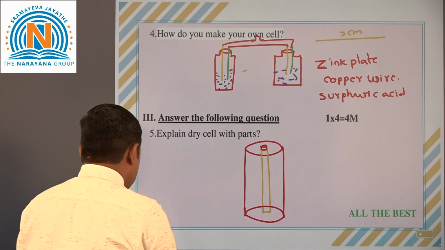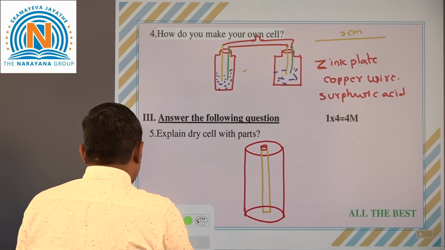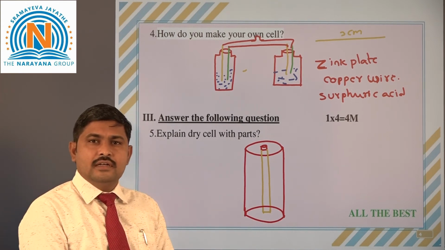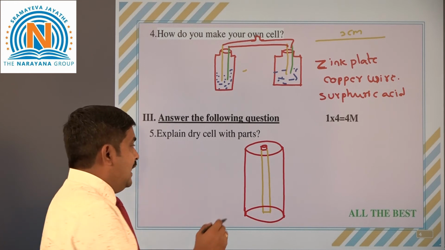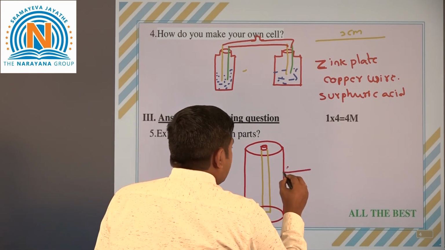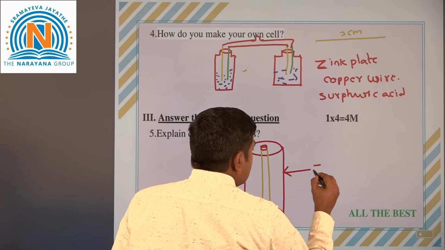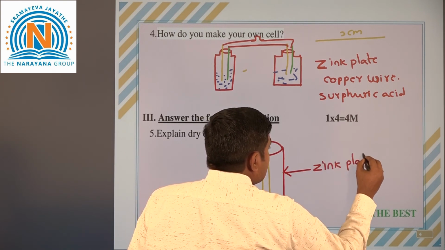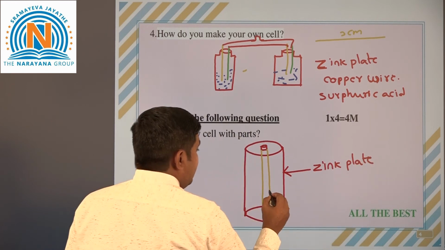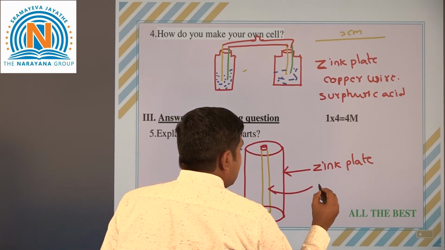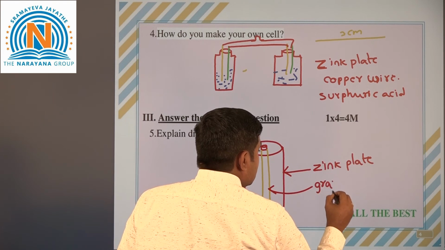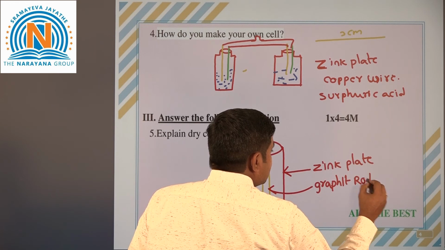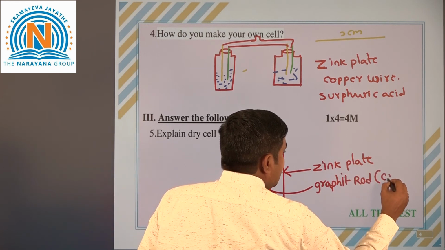Next, let us go to the dry cell. In case of dry cell, what is the pattern, what are the components involved? So, that we are going to see here. The outer part is the zinc plate, in the middle is a graphite rod, which is one form of carbon.